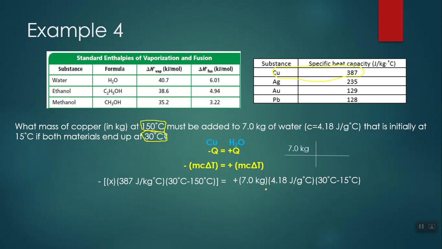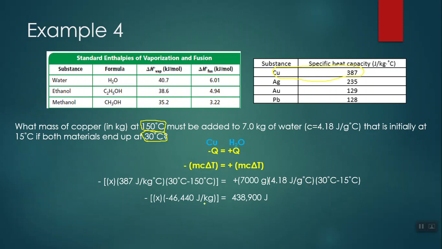So 7 kilograms, 1 kilogram is equal to 1,000 grams. So we're dealing with 7,000 grams. So let's go ahead and rewrite that number. Instead of 7.0 kilograms, we want to write 7,000 grams. So now take a look again. Will our units cancel out? Yep, grams cancels out. Degrees Celsius will cancel out. So let's go ahead and do our next step.